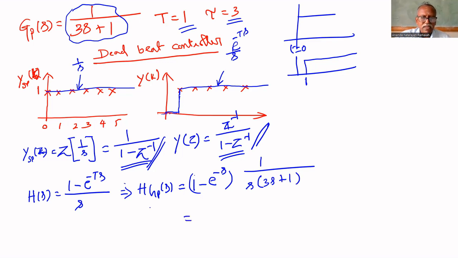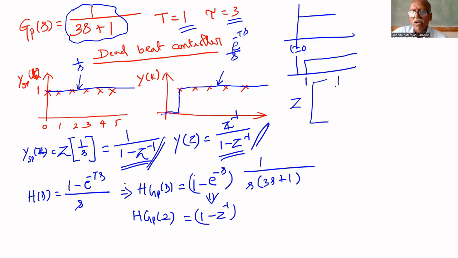That is, if you take HGP of z, HGP of z equal to (1 minus z power minus 1) times the Z transform of 1 upon S multiplied by (tau S plus 1).